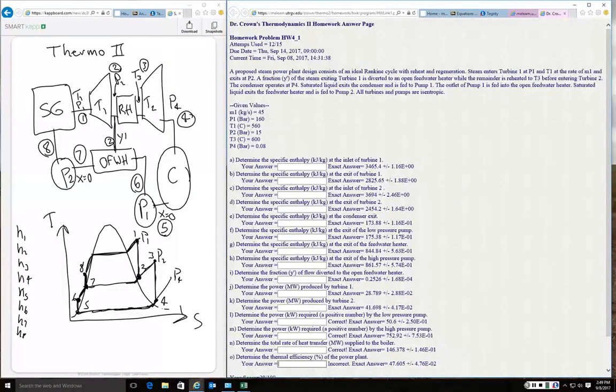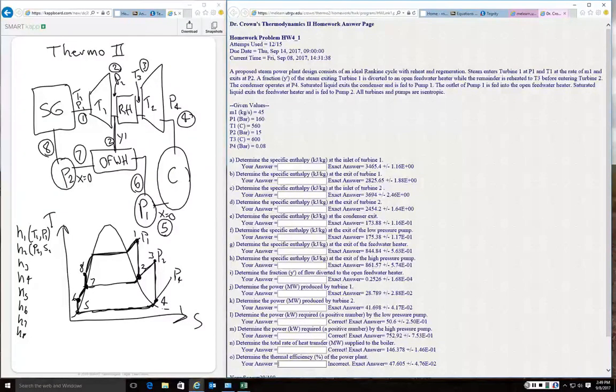H1 will be a function of T1 and P1, so I can use the tables, the superheat tables, to find that. For H2, I'm going to use P2 and S2. And how do I find S2?